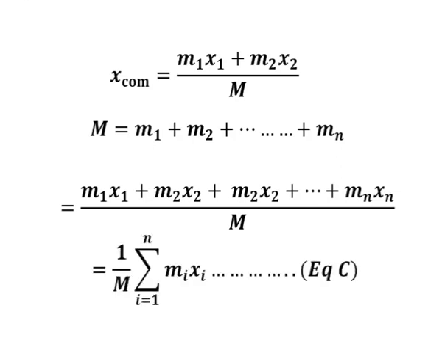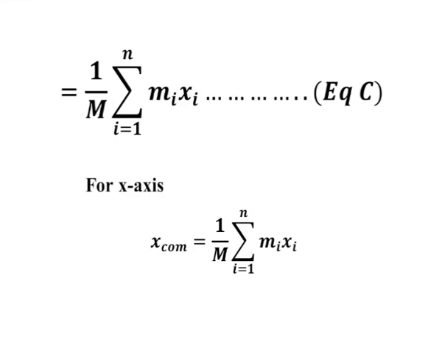Or we can write this equation as 1 upon m sigma mi into xi. The subscript i is an index that takes on all integer values from 1 to n.